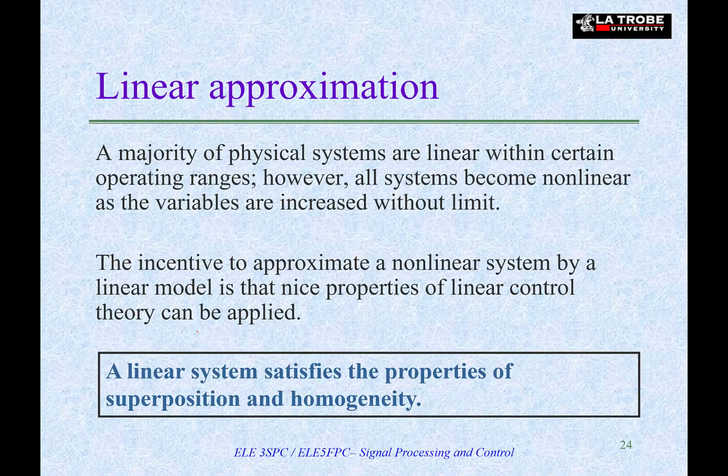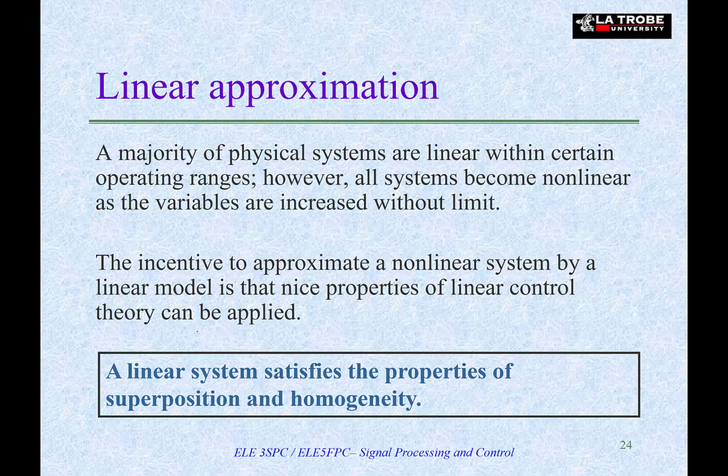Now let me explain what linear approximation is. We know that a majority of physical systems we encounter are linear only within certain operating ranges. Generally speaking, all of the systems become nonlinear when the variables are increased beyond limit.